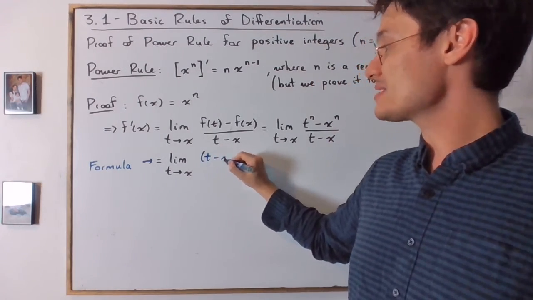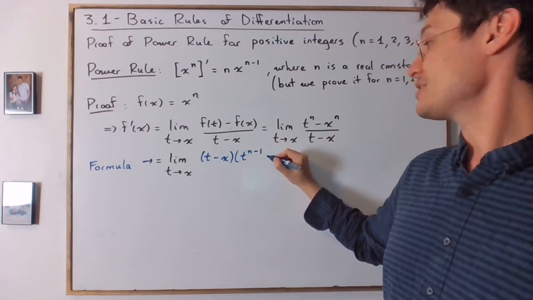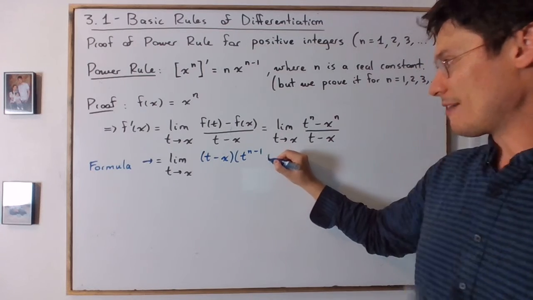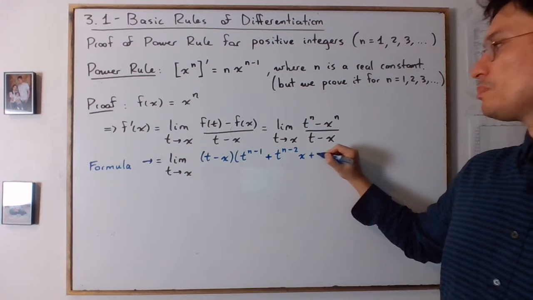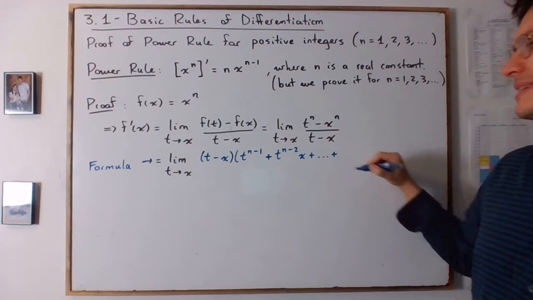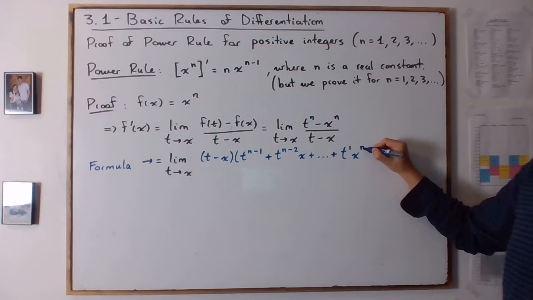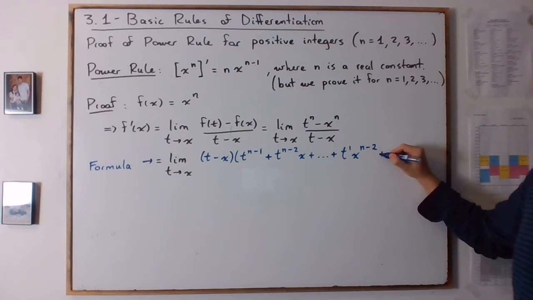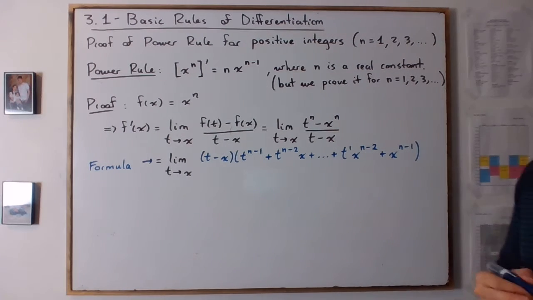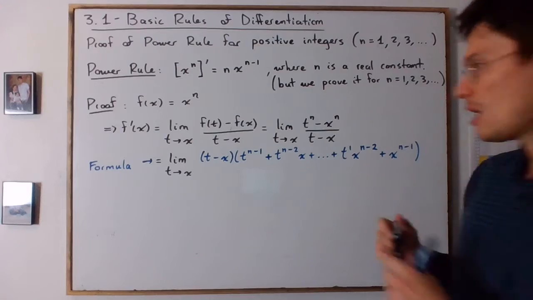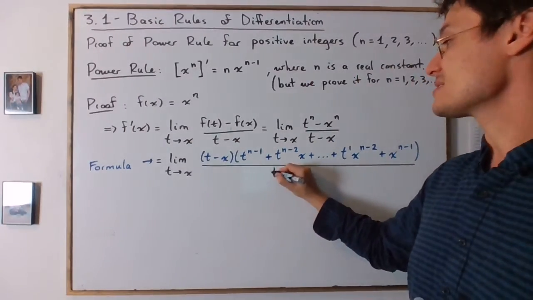You'll have t minus x, and then you will have t to the power of n minus 1, plus t to the power of n minus 2 x, plus, and you will continue like this until you reach t to the power of 1, x to the power of n minus 2, plus x to the power of n minus 1. All of this being divided by t minus x.